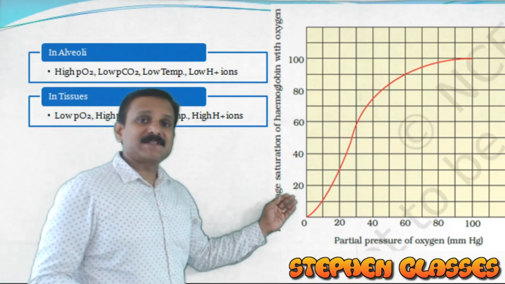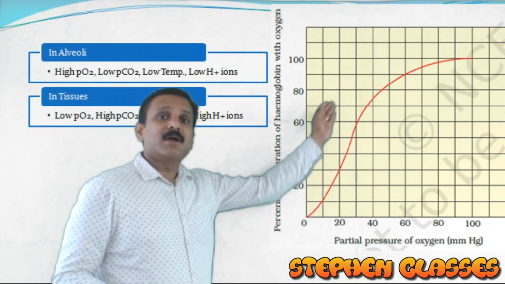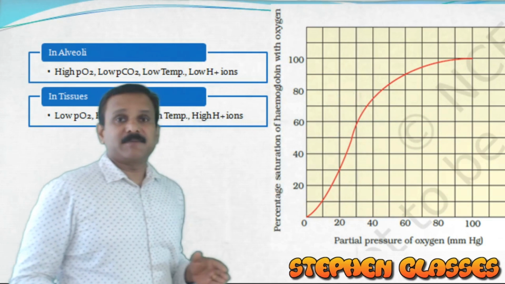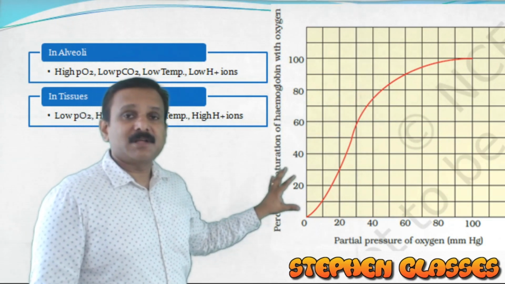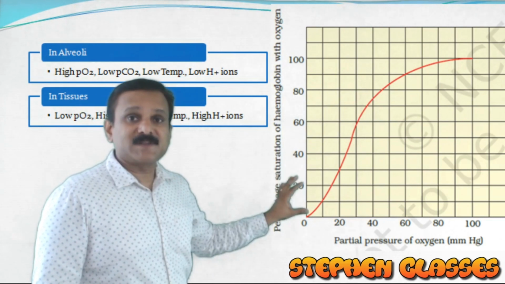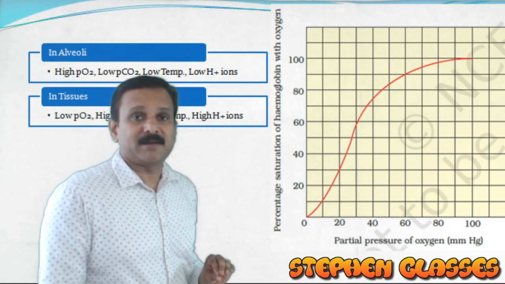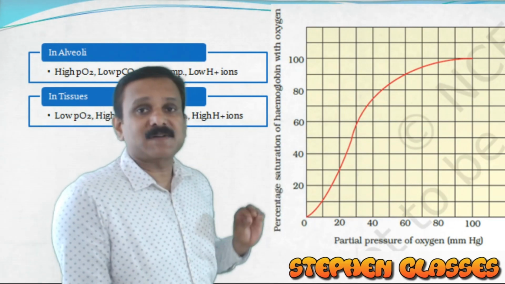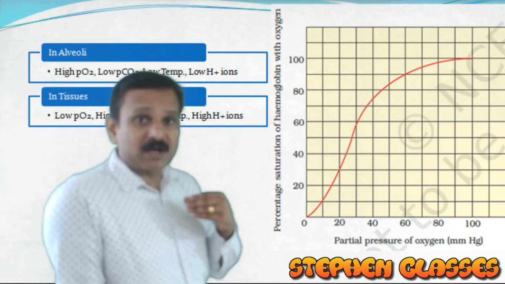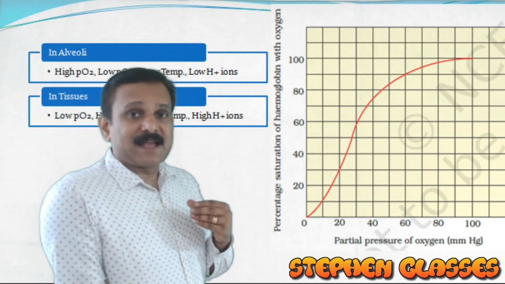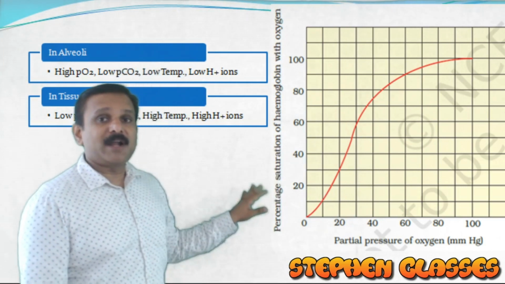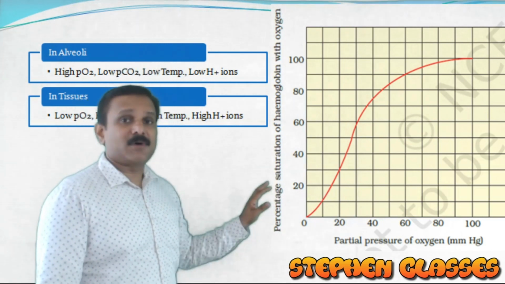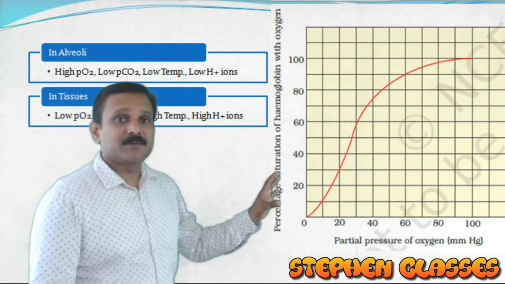If you plot a graph, you will get a sigmoid curve, and this graphical representation explains the dissociation of oxyhemoglobin as well as the association of oxyhemoglobin. Not only the loading of oxygen by hemoglobin but also the unloading. So this is commonly known as the oxygen dissociation curve.